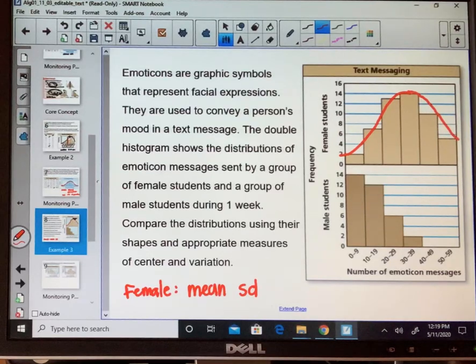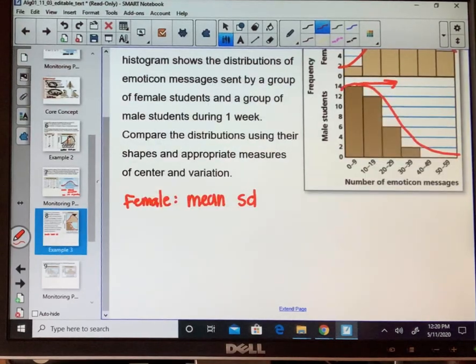Now, if I'm using the guys, I can see that a lot fewer emojis are being used on the guys portion, right? So I can say, okay, well, this one I definitely need to push to the right to make it more symmetric, more normal.